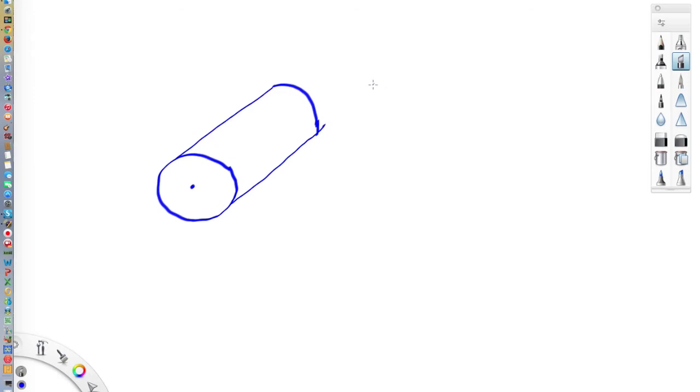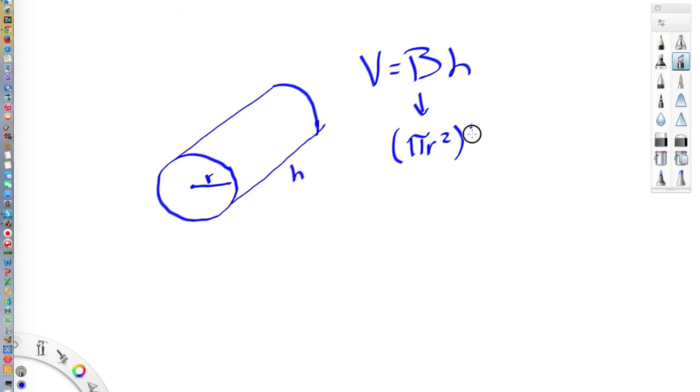Again, volume is equal to big B times H. My base shape is a circle, so once we have the radius, all I have to do is take pi r squared. That's the area of my base shape, and then multiply it by the height, how long or tall my cylinder is. It's that simple. Remember, volume is equal to big B times H.